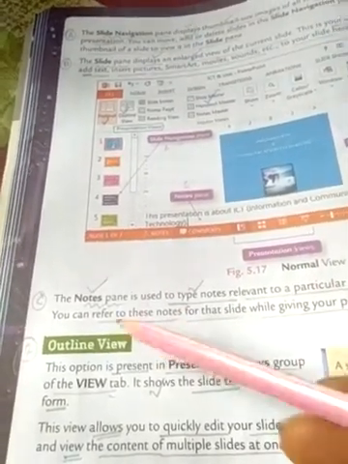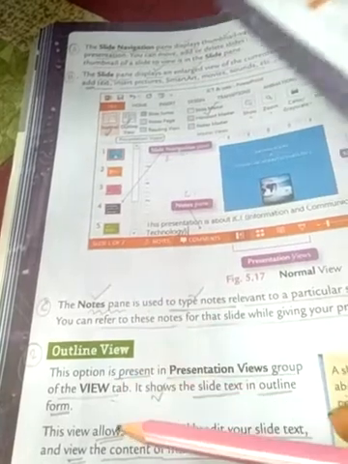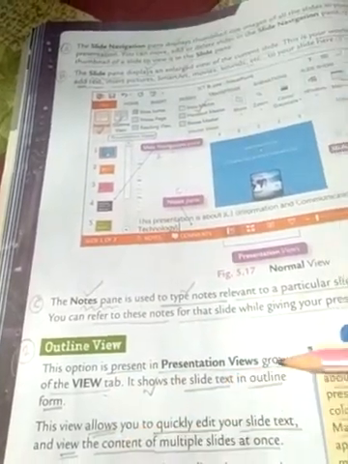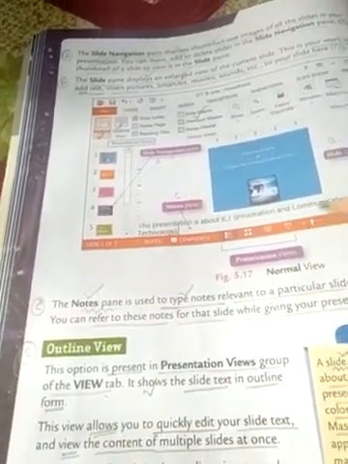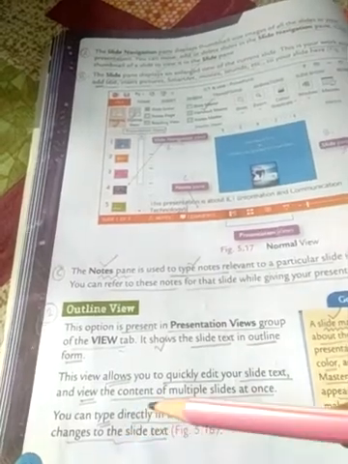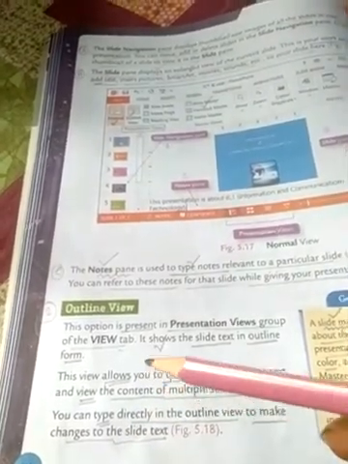Number one, it allows us to quickly edit the slide text. Second, it may also help to view the content of multiple slides at once, and it may also help in typing directly in the outline view to make changes to the slide text. For these three distinct reasons, the outline view is used in the PowerPoint presentation.